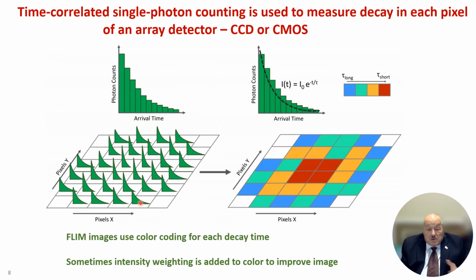So you have to measure all of these decays and analyze them, and then you use the lifetime numbers to create an image with contrast, which is based on the lifetime being long or short.